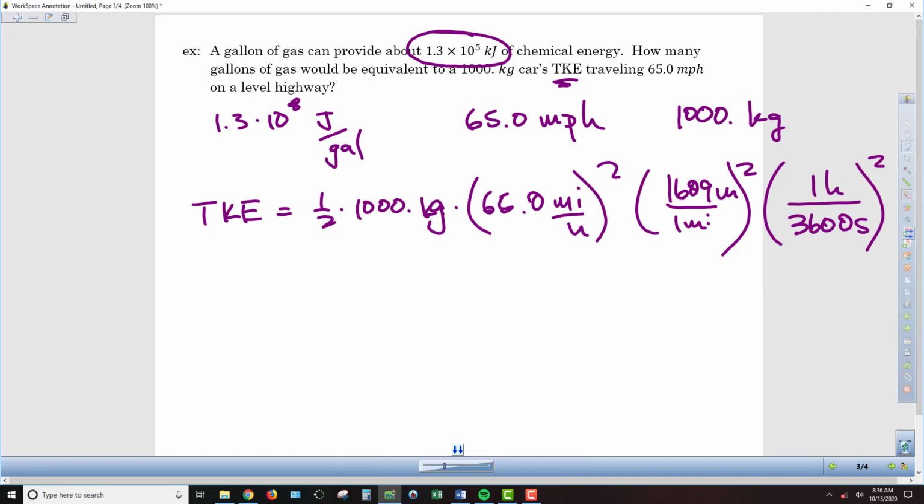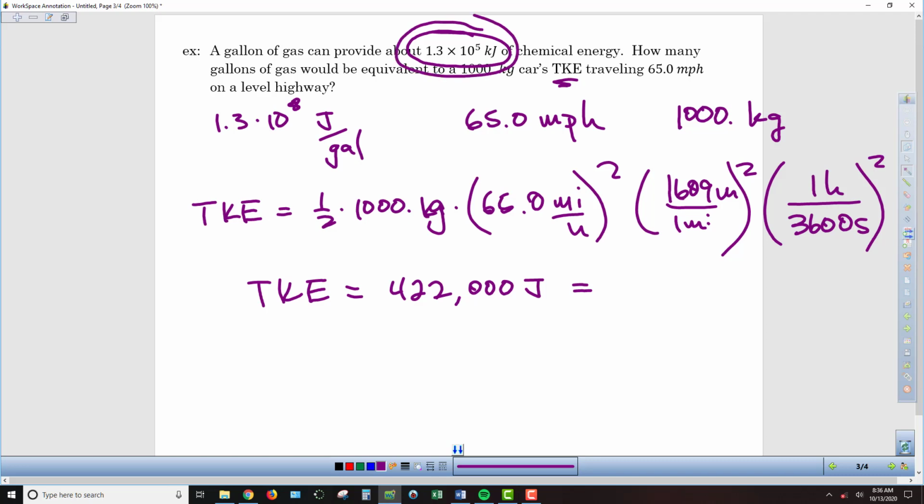When we multiply that all out, we end up with a kinetic energy of 422,000 joules, or if we wanted to convert it to kilojoules to match up with what our gasoline potential energy is given as, 422 kilojoules. So how much gasoline would we need to have that same amount of energy? We can balance this out.